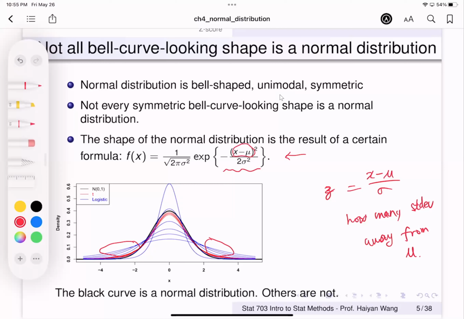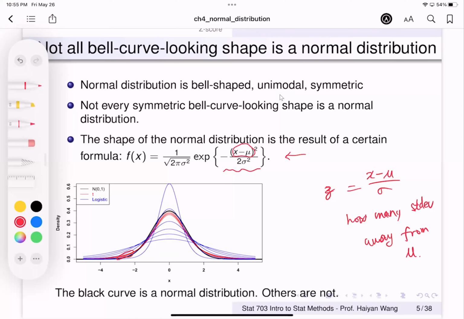The red colored distribution on the plot, these red colored, they are the t distribution. Compared to the normal 0, 1, the standard normal, in this case, you do not see too much of a difference, but still on the tail side over here, there are some more probabilities for the t distribution.